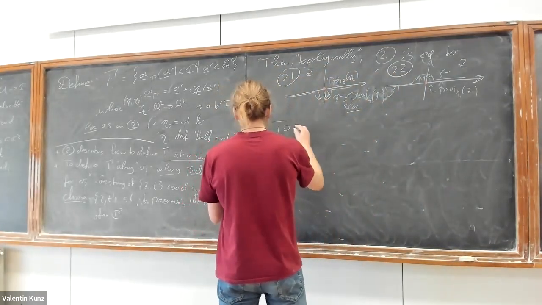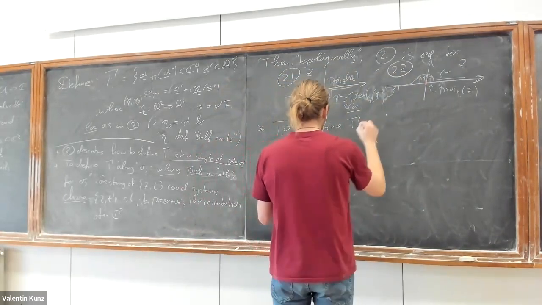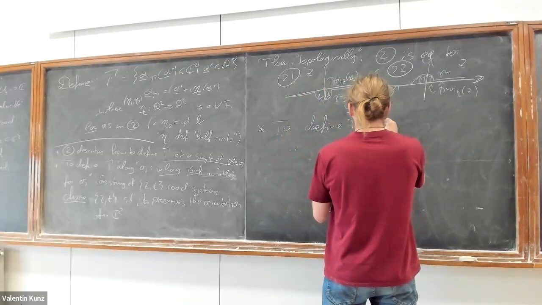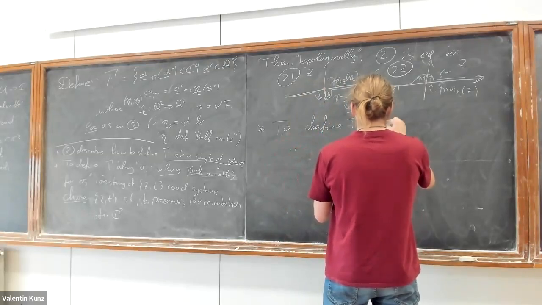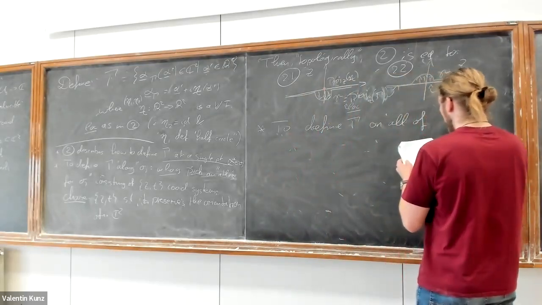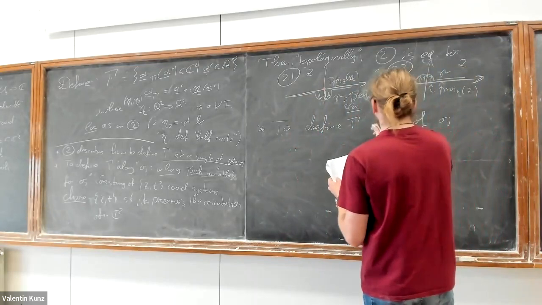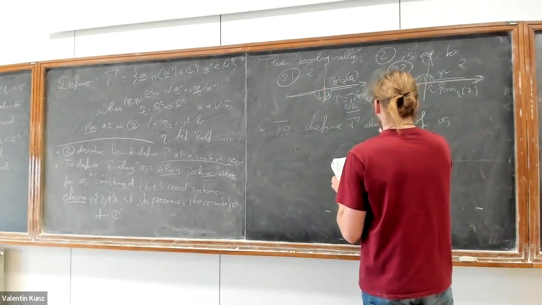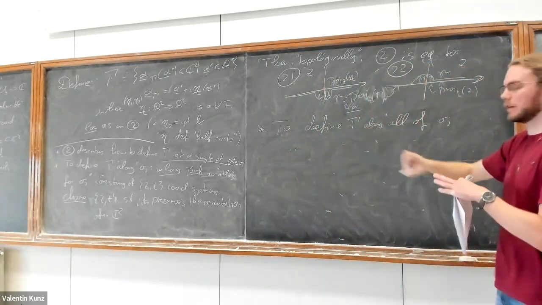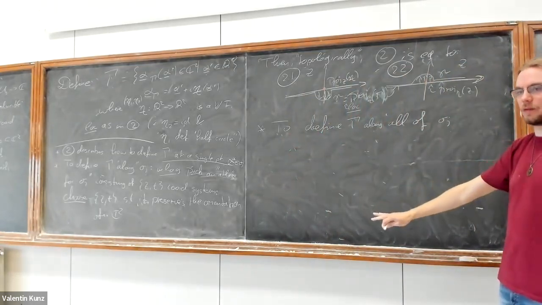So, last point, we find gamma along sigma j. We need to define it along sigma j, and then away from it we can just dampen it to 0.